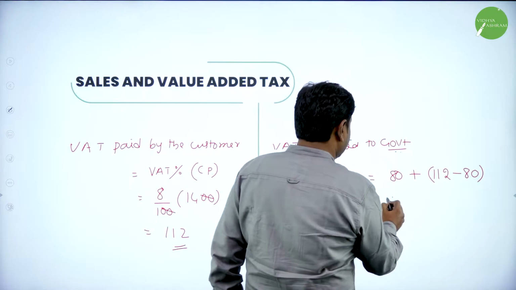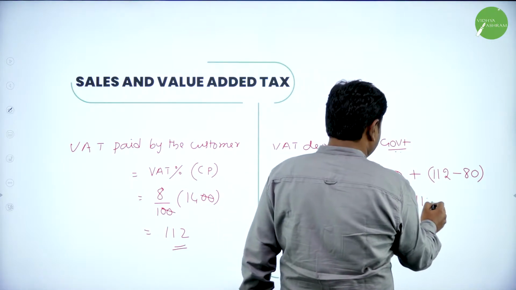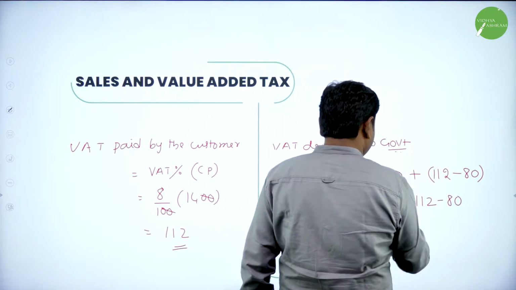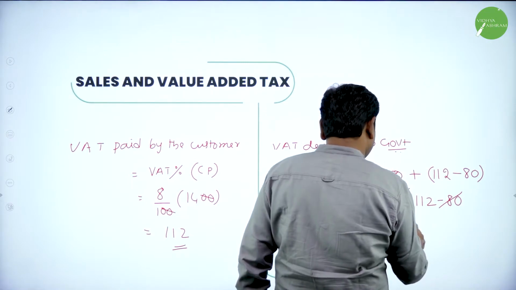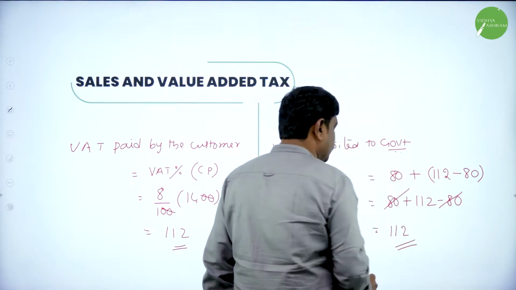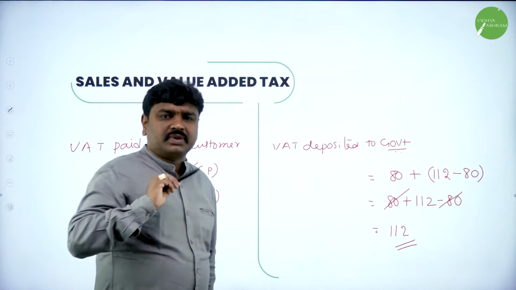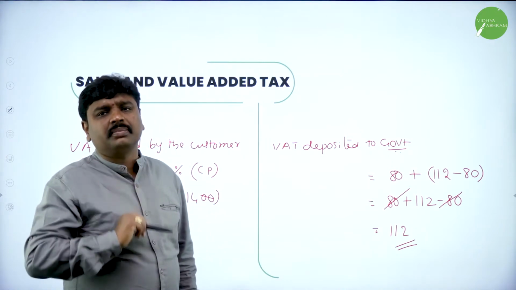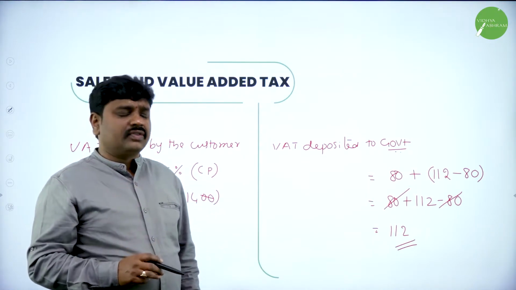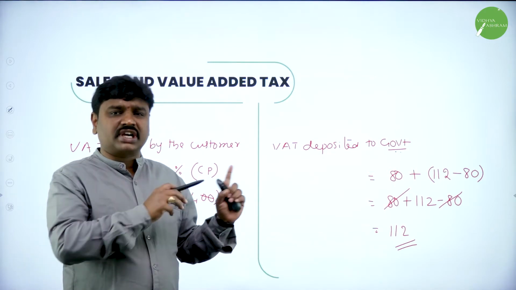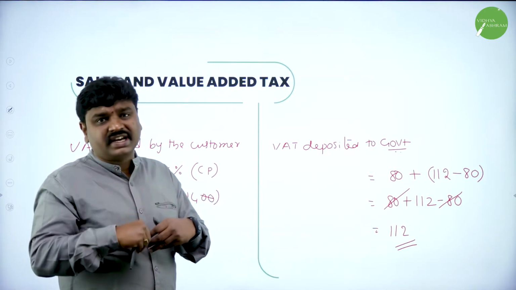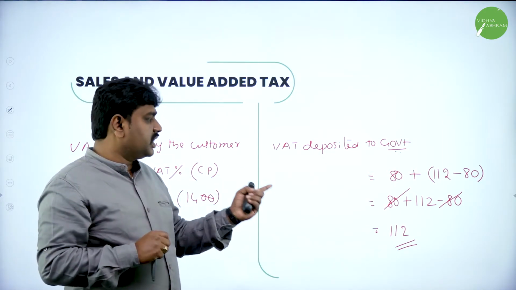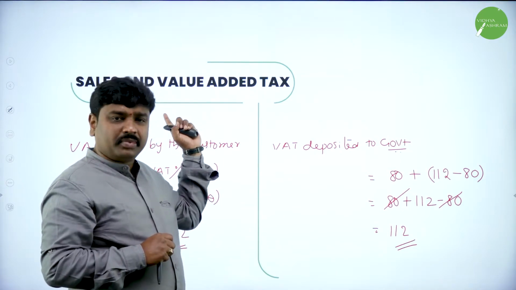So now 80 plus 112 minus 80. 80 minus 80 cancel. So total VAT deposited to the government is rupees 112. Indirectly speaking, the total VAT is purchased by the buyer. The end buyer will pay 112 rupees to the shopkeeper, but shopkeeper will collect his 80, whatever he already paid. Remaining amount he will deposit to the government.